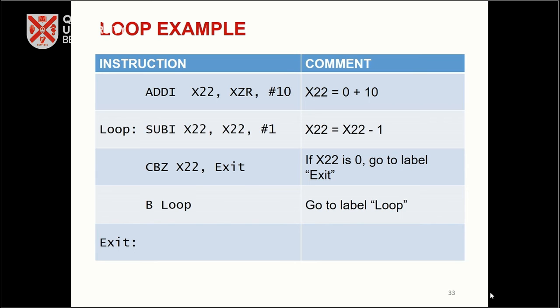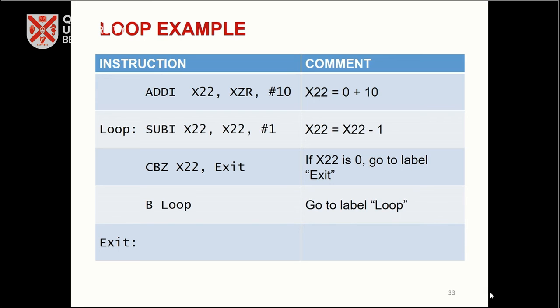So then what we do here is, okay, we have register 22, which we have previously initialized to 10, and then we subtract 1 from register 22. So in the first iteration, if register 22 was 10, now it's 9. Then we move to the compare and branch if 0. Is register 22 equal to 0? 10 minus 1 is 9, so no, it's not equal to 0.